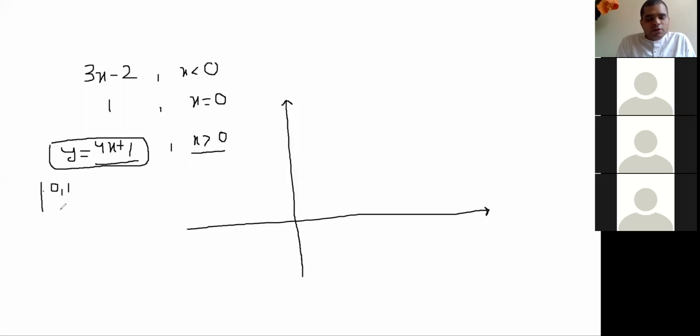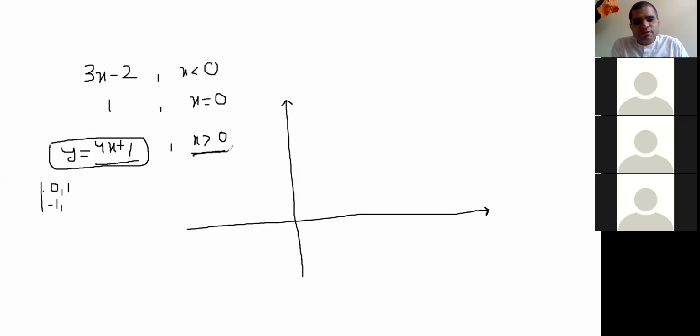Now you put another point. Let's say x is equal to minus 1. For x equal to minus 1, what is the value of y? Minus 5. Sorry, we cannot take minus 1 because we are taking the case x greater than 0.